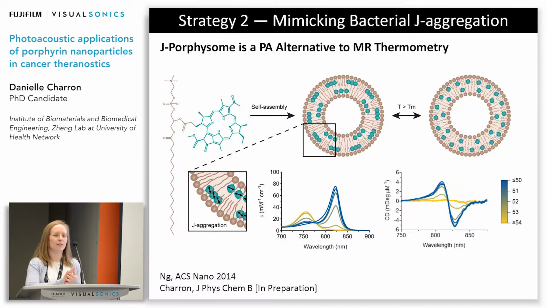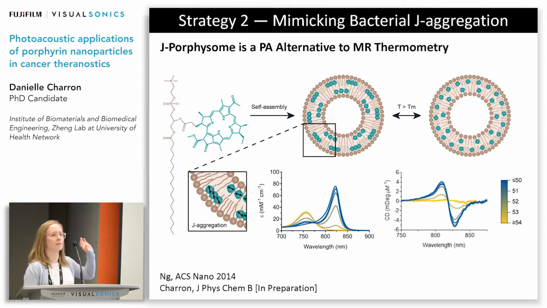In order to have the dyes interact, they need to be in this very rigid lipid membrane environment. So if we heat that environment and we lose the rigidity of the lipid membrane, go beyond its transition temperature, we lose the J aggregation. So we actually turn off the signal at 824 and turn on the signal at 750. And it's a very sharp transition.